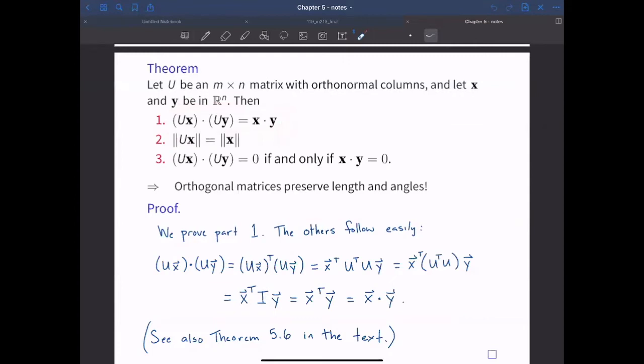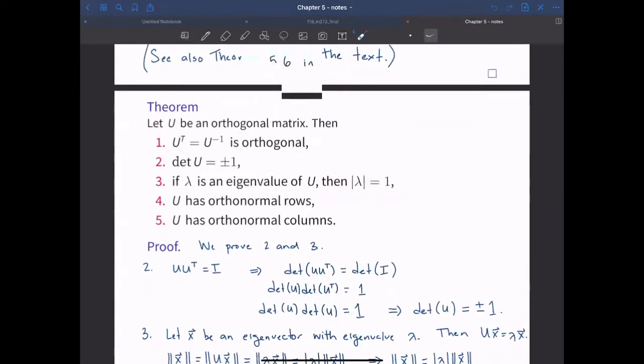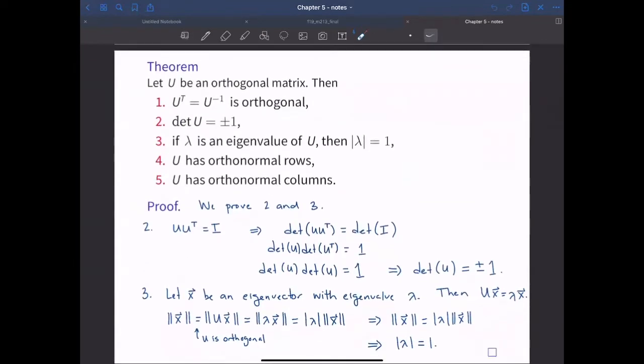So that's where that comes from. Is that first theorem okay, Sarah? Yes, thank you. Okay. The second theorem has a few more of these facts. If U is an orthogonal matrix, then the determinant of an orthogonal matrix has to be plus or minus 1.